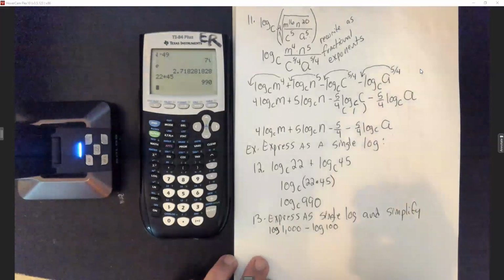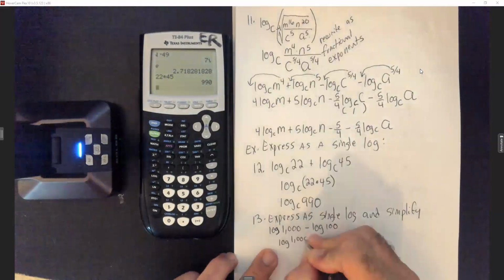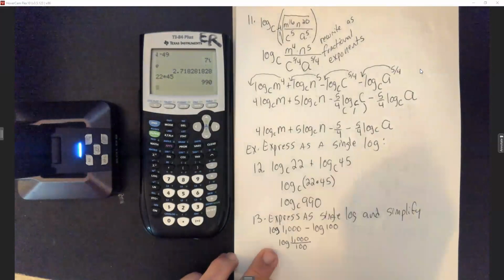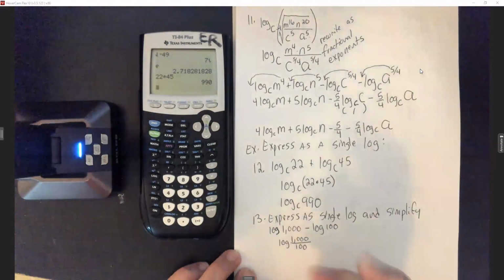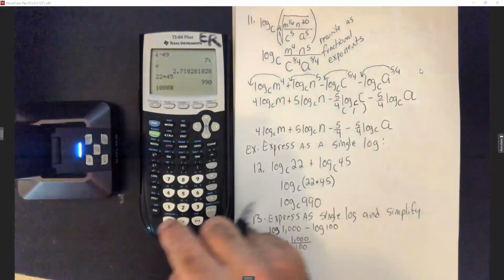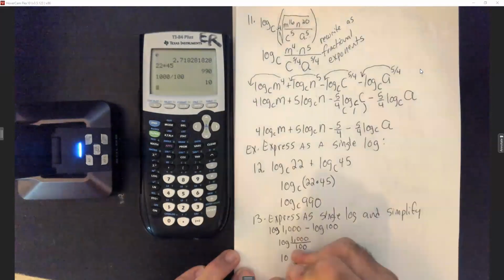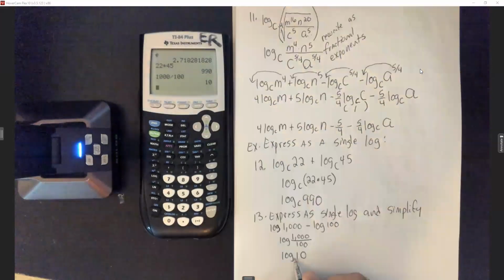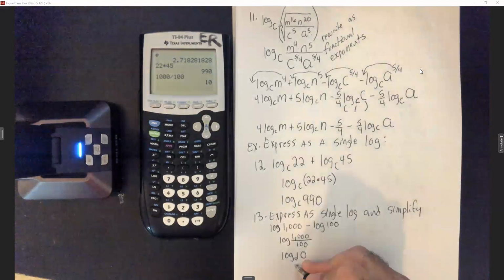So this would be a log of 1,000 divided by the 100. Well, I can divide 1,000 by 100. Should be what, a 10 right there, right? So this is a log 10. But y'all, since there's not a number here in the log, remember that is a base 10. And the log base 10 of 10 equals the final answer of 1.